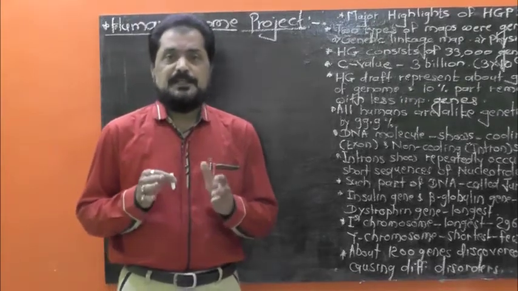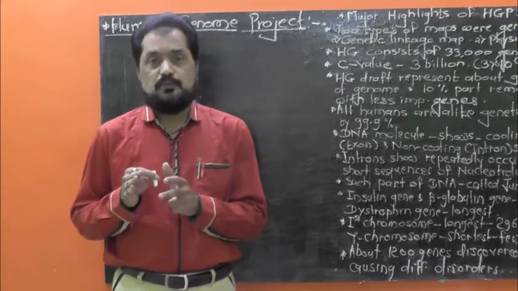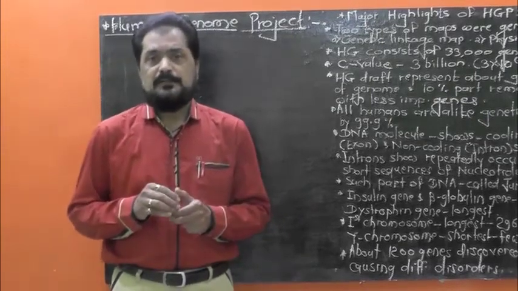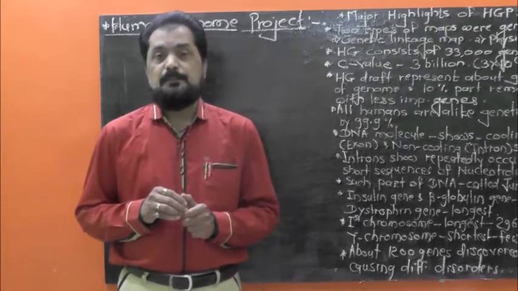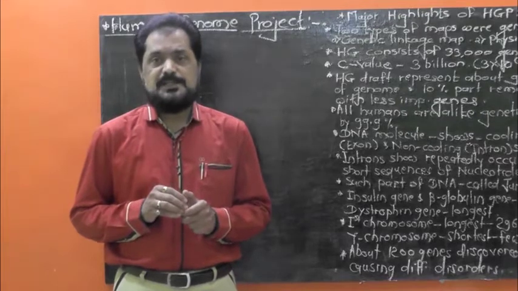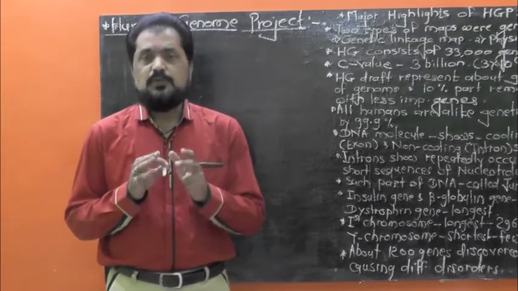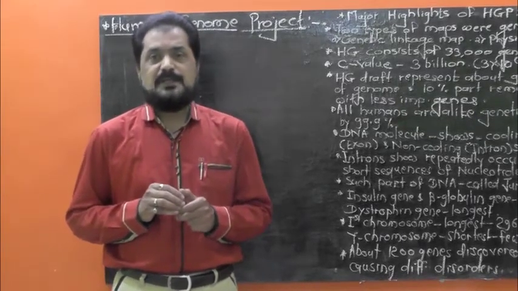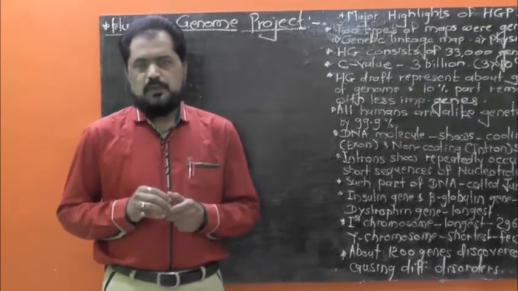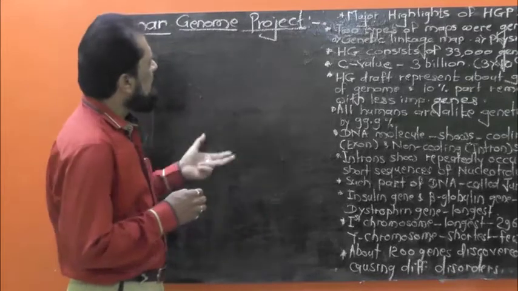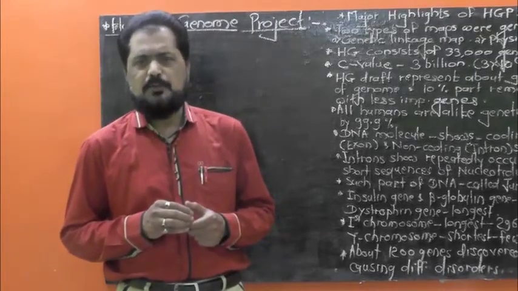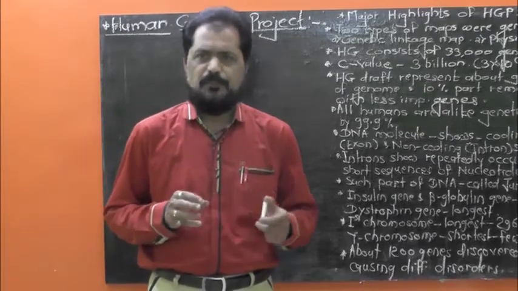But this entire human genome project was initiated and led by the US Department of Energy and National Institute of Health, which was led by Francis Collins and Craig. So I was telling you, the Human Genome Project was an international collaborative effort.